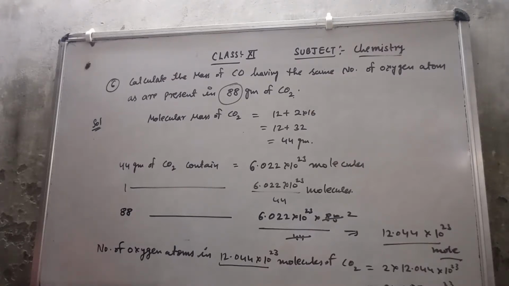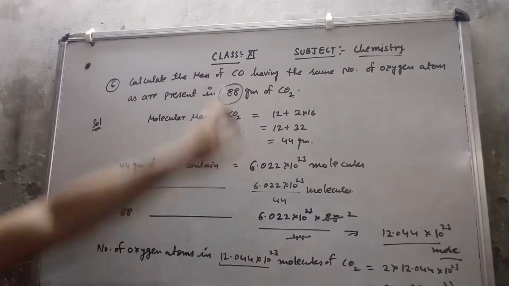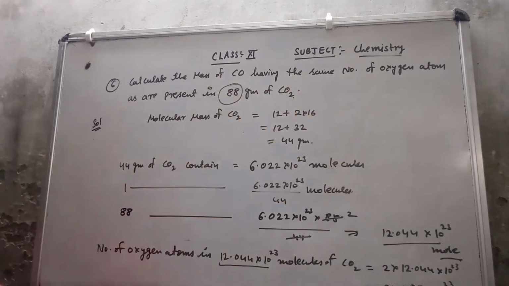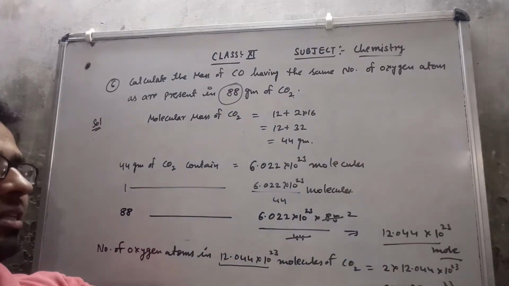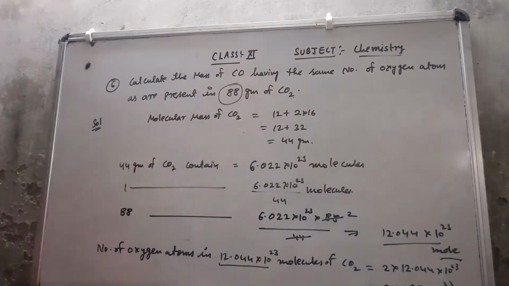Now I want to find out the mass of carbon monoxide having the same number of oxygen atoms. So that much of oxygen atoms are there, and I want to find out the mass of carbon monoxide. So it is very simple.